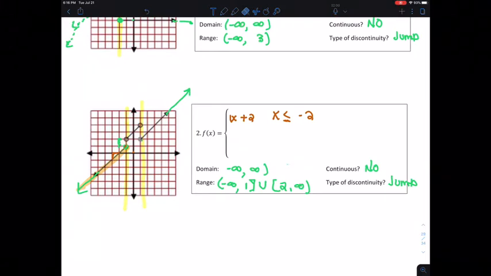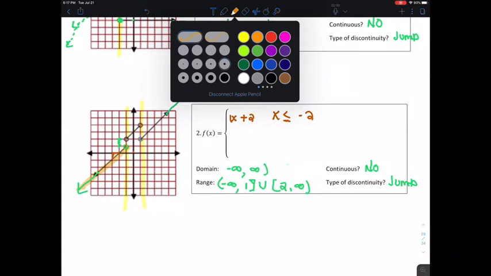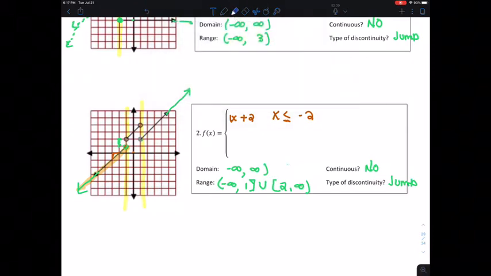All right. So the next part of this graph is defined between negative 2 and 2. So let me get a different color for this. Let's look at blue. So that we're going to look at this line. Both of the circles are open.